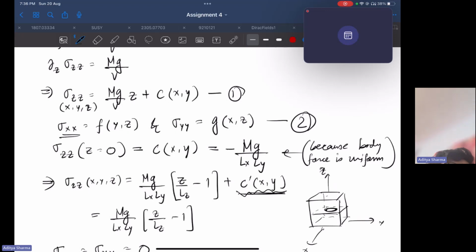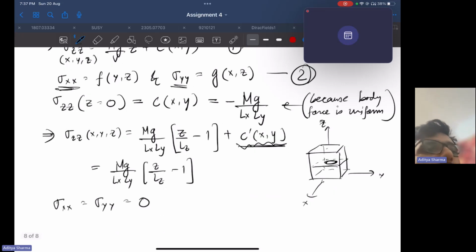That means any stress applied by someone from outside of the material is being applied only in the z direction, because the body force is opposing it. So the stress in the x direction or the y direction is also zero.